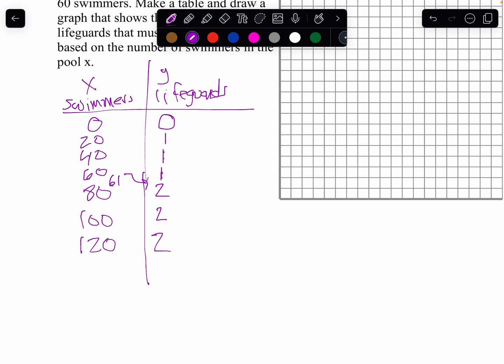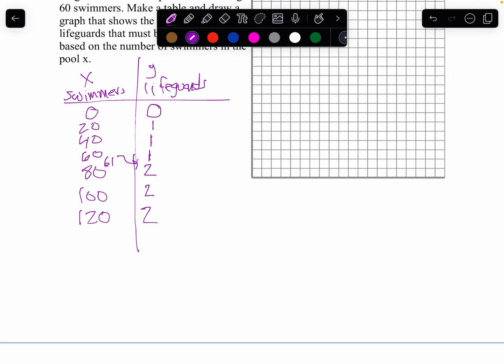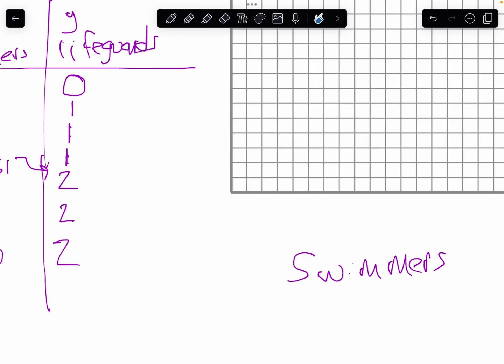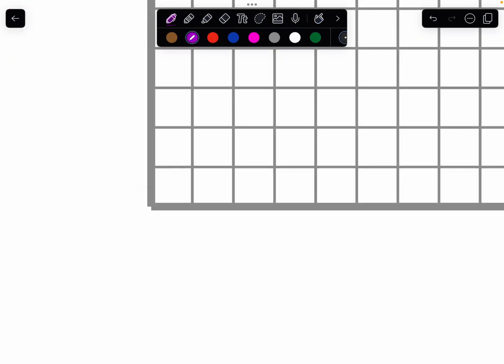So now let's graph this out. So when I'm at 0, well, let's label this first. So I'm going to put swimmers here as my independent variable. And then let's count by 20s. So I got 0, 20, 40, 60, 80, 100, 120, 140, and so on.